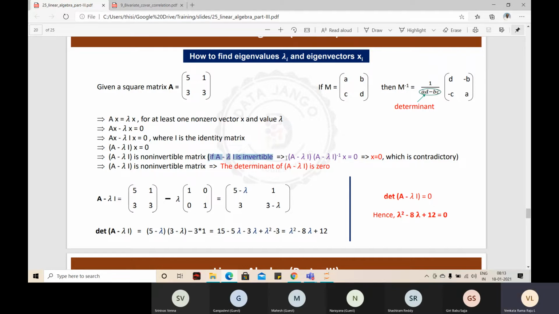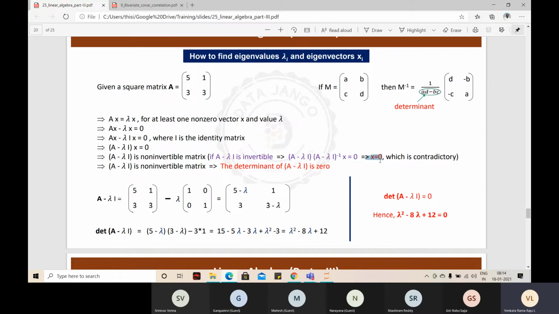If you multiply using the inverse on both sides, you will get 0. I think I should have put the inverse on this side. That's okay. Right. So if you multiply, what happens? This A minus lambda I into A minus lambda I inverse will become 1.